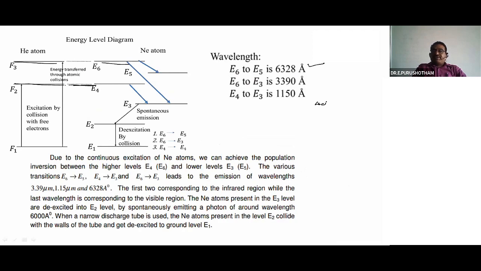4,000 angstroms to 8,000 angstroms is the visible radiation.